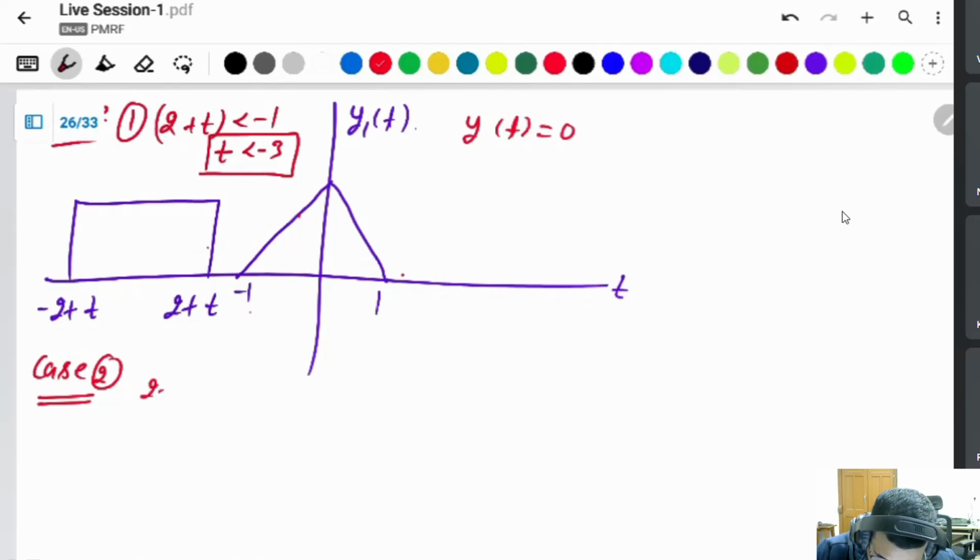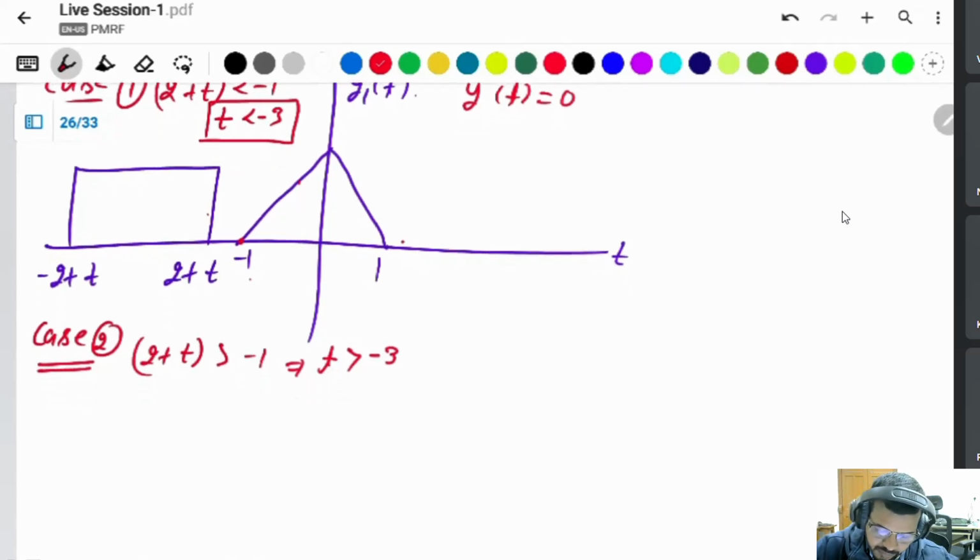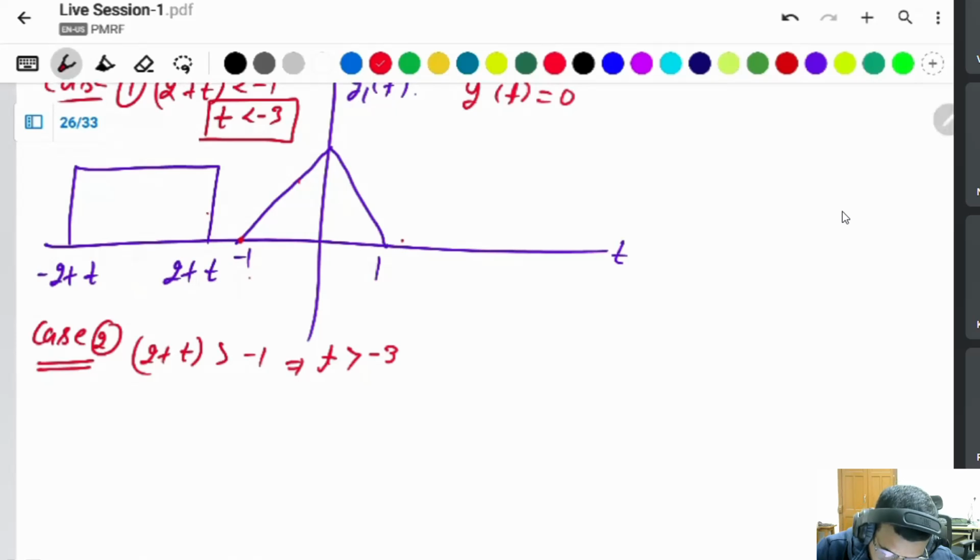First condition, 2 plus t is greater than minus 1, so t should be greater than minus 3. Second condition, 2 plus t will not cross 1, so t is less than minus 1. It is greater than minus 3 and less than minus 1.